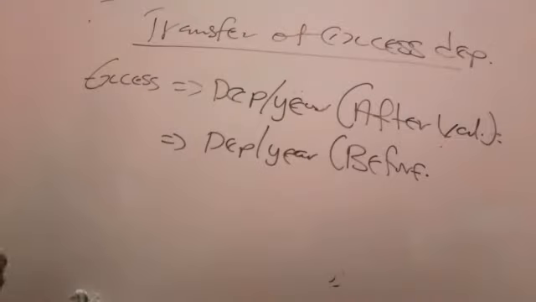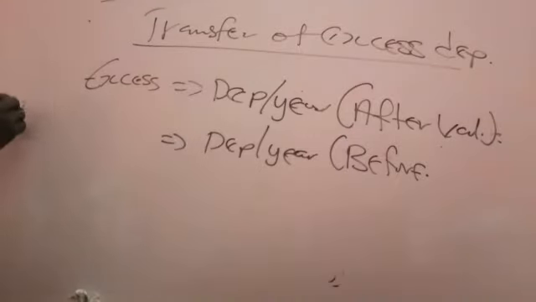So what's the depreciation charge per year before the valuation and then after valuation? So assuming that we have an asset, let's take a nice example here. Let us have an asset.